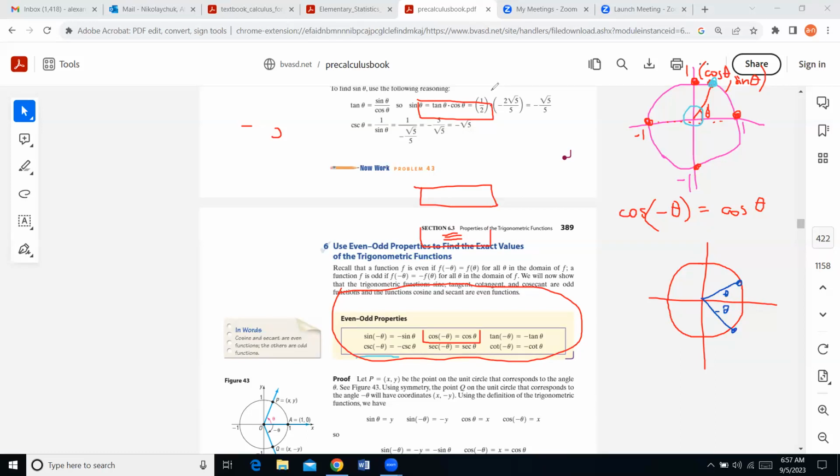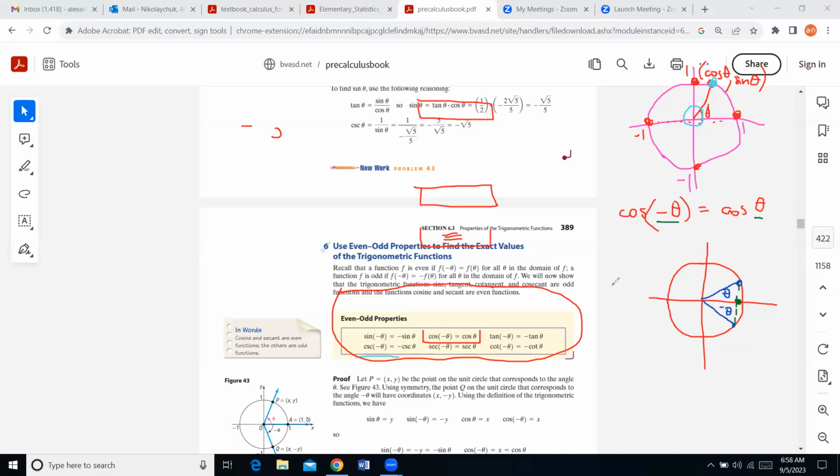Maybe I should make this picture larger so you can see it better. The key point is we are looking at the x coordinate, because that's a cosine. And x coordinates will be the same for negative theta as well as for positive theta. That's why we say it's even, because it's symmetric through the x-axis.